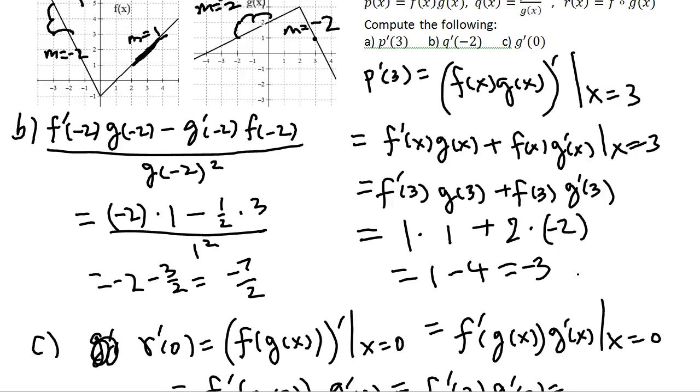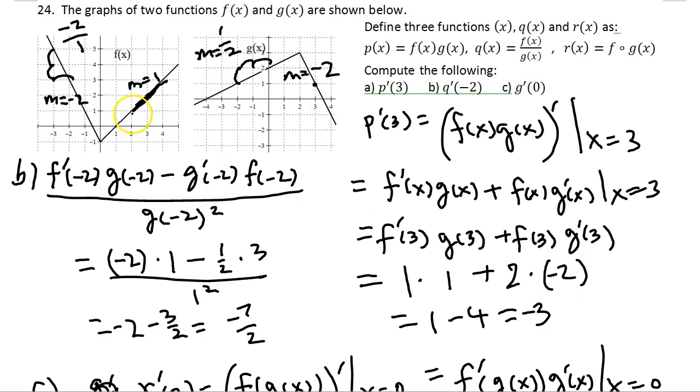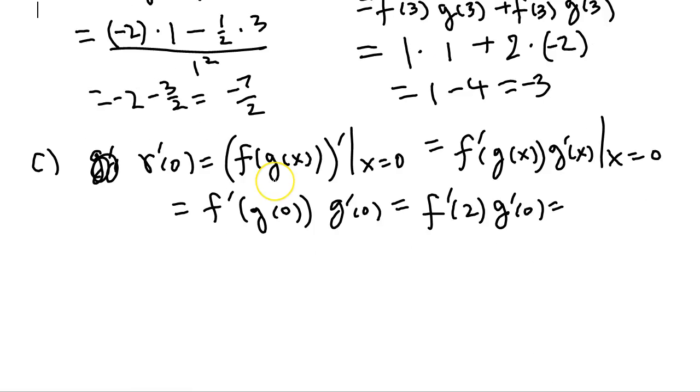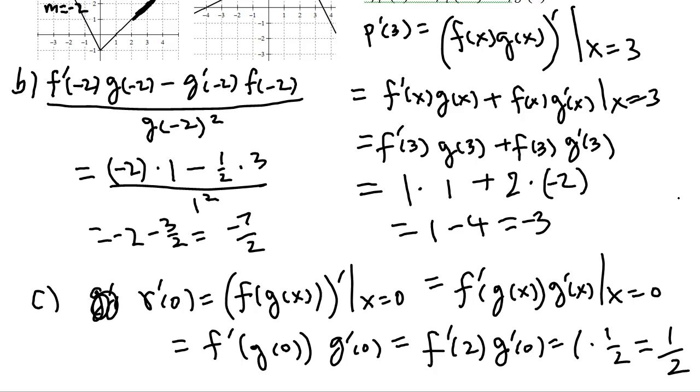Okay, what is f prime at 2? f prime at 2 is this portion. Slope is 1, and g prime at 0 is over here. The slope is 1/2. So we have 1 times 1/2. Therefore, the answer is 1/2. That's how this question is solved.